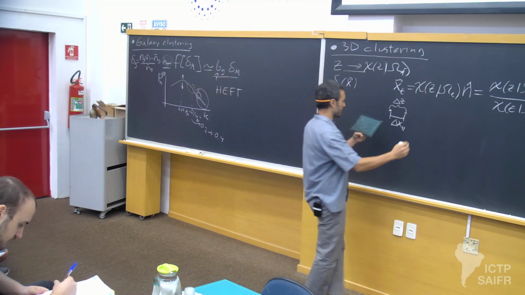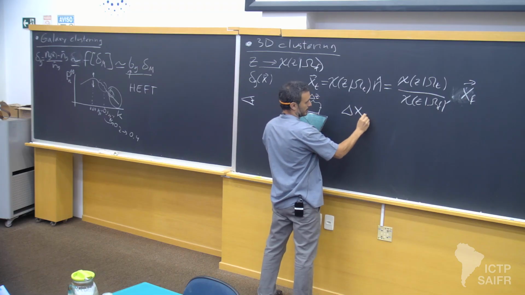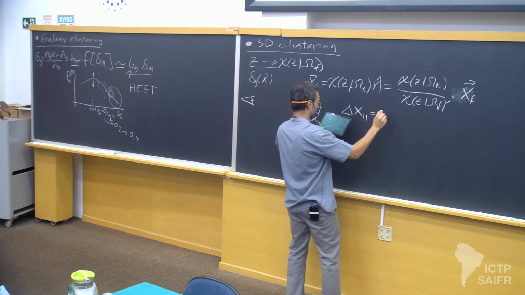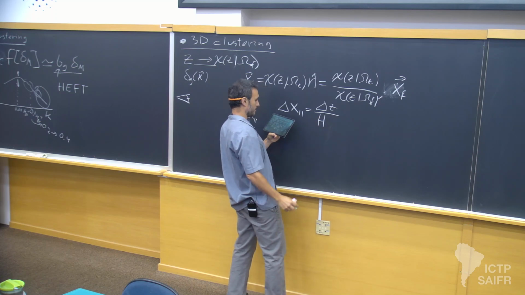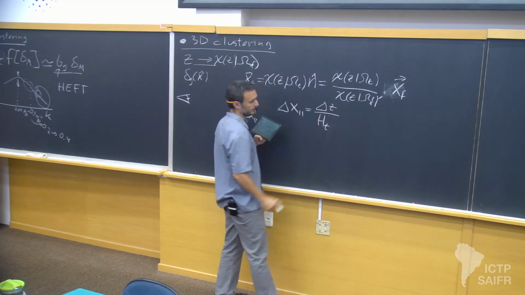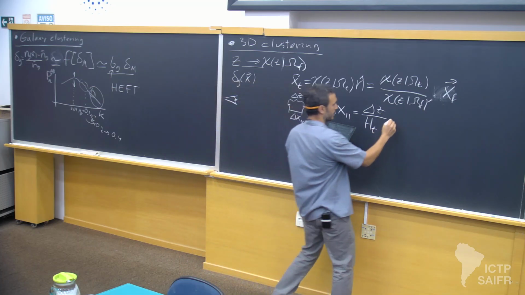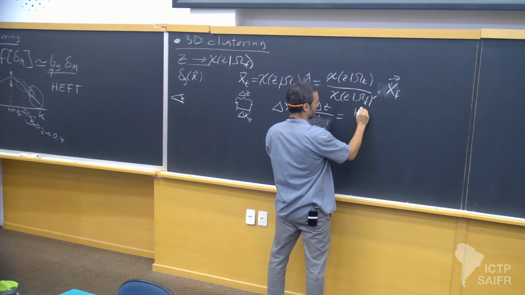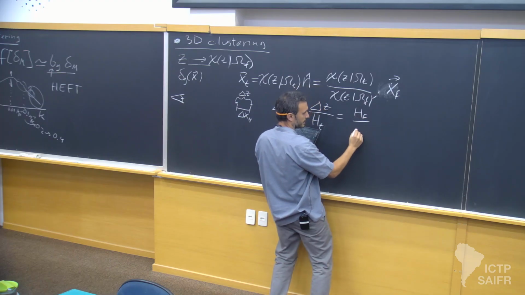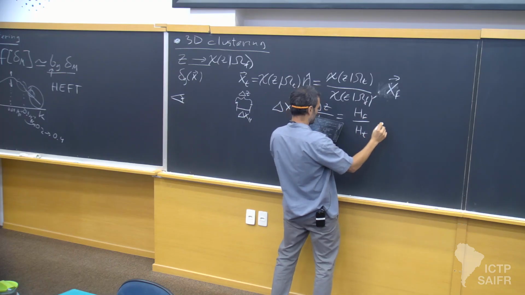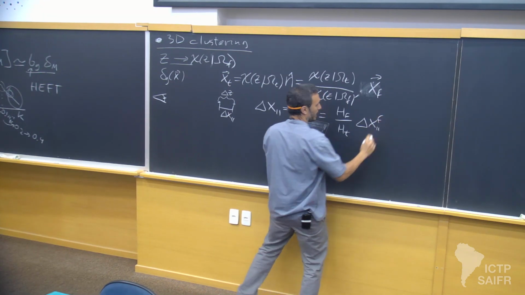Well, then we know that the separation would be related by delta z divided by the expansion rate for the true cosmology, which then is the expansion rate for the fiducial cosmology divided by the expansion rate for the true cosmology, times the separation in the fiducial cosmology, the one that we would infer.